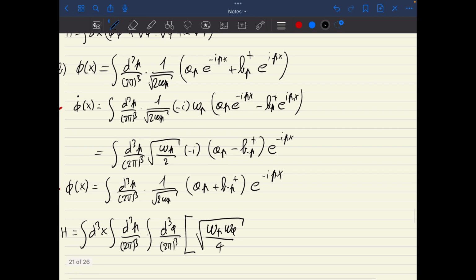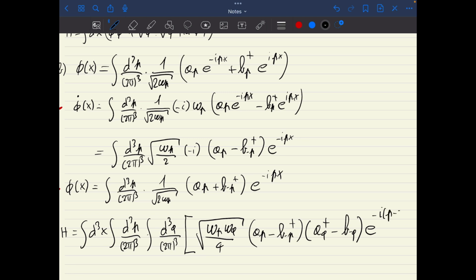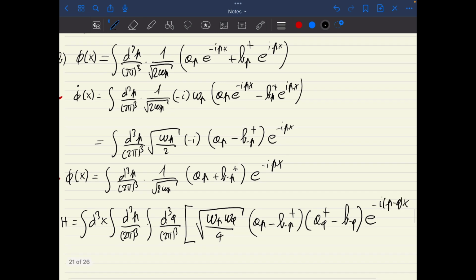So A p minus B minus p, and the star version of that, but with the q momentum. So that's A q dagger minus B minus q. Okay, and the exponential factor is e^{-i(p-q)x}.